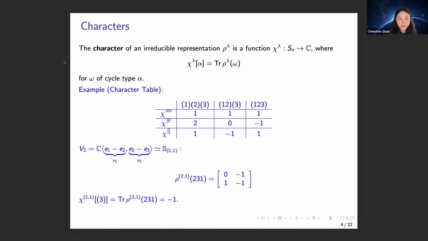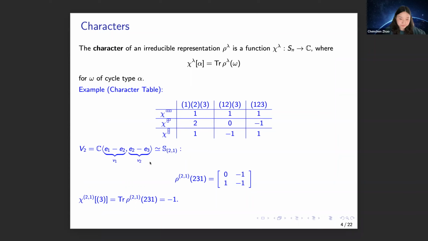And here is an example of the character table we made. For each column here, we have a permutation in cycle notation. For instance, for this first column, the characters are the same for any permutation of this cycle type.